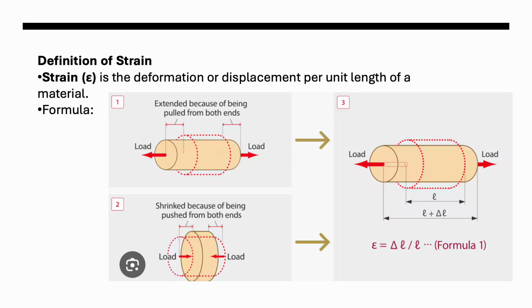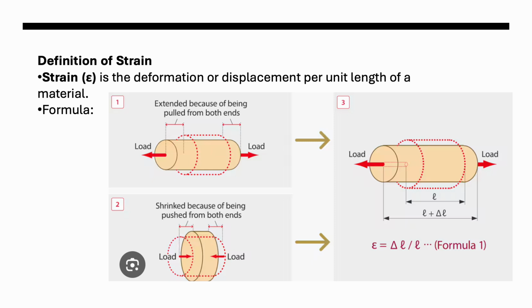Or if we have a pushing force at both ends on the sample, then this sample will be shrunk, and again we will have some changes in the length, original length and the new length, and that difference between the original and the new length over original length again will be strain.